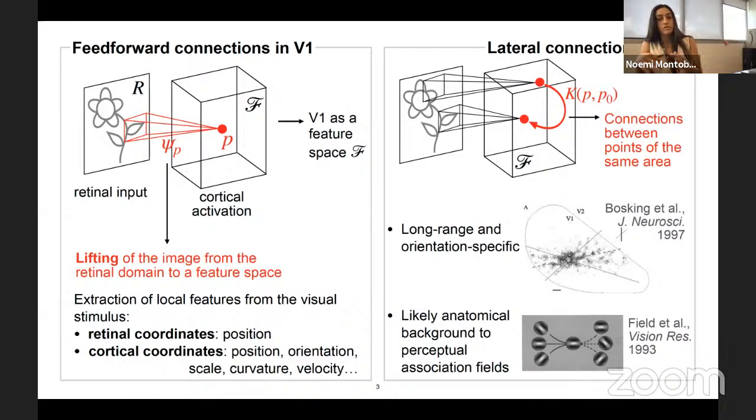These properties also reflect on the perceptual side through mechanisms linked to perceptual integration, so contour integration, that can be summarized by the concept of association fields: the fact that our perception of an oriented element is amplified by the presence of nearby edge elements that are either collinear or co-circular with it.